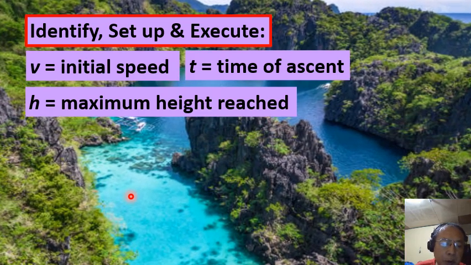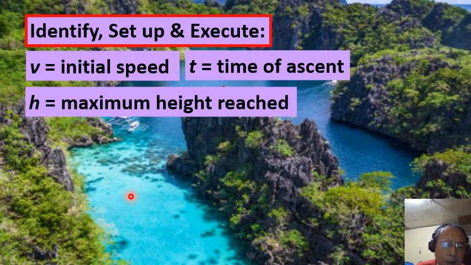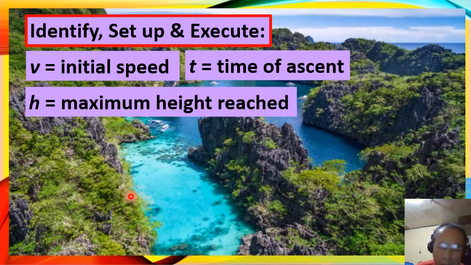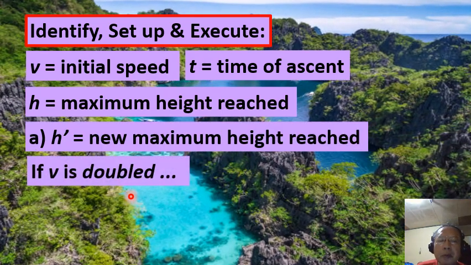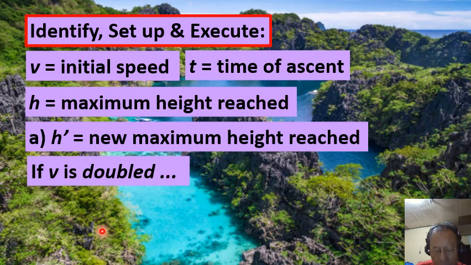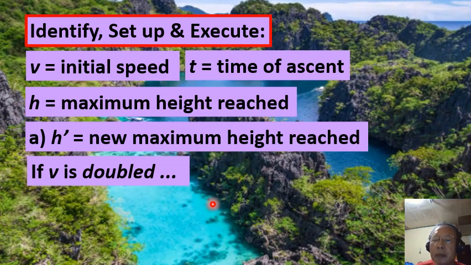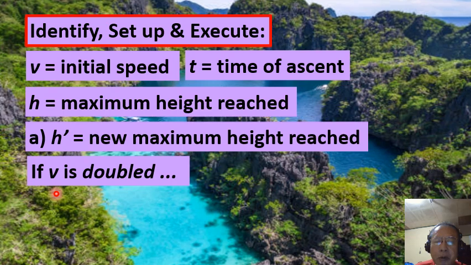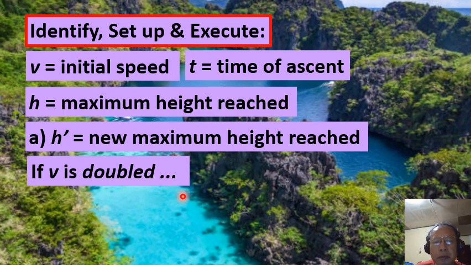So if you throw the coin upward with double the initial speed, we are required to find h prime, which is defined here as the new maximum height reached by the coin if the initial speed is doubled.